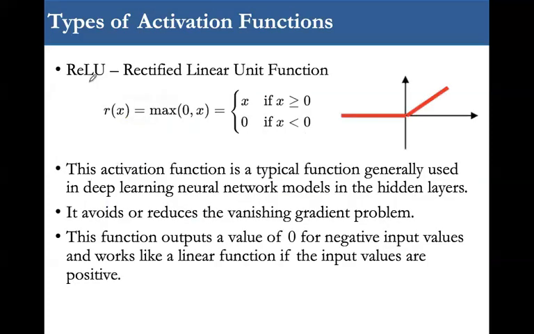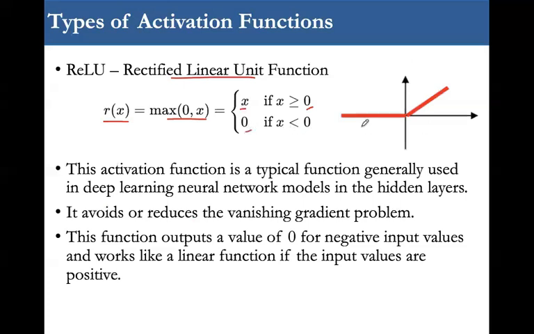The next activation function is ReLU, which is rectified linear unit function. It is mathematically represented as R of x is equal to maximum of 0 comma x, which is equal to x if x is greater than or equal to 0, 0 if x is less than 0.